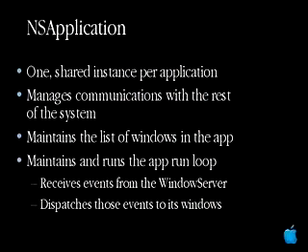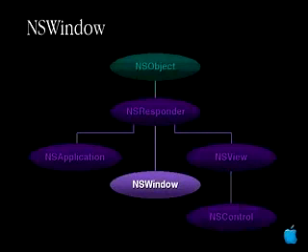NSApplication also maintains a list of all the windows inside of your application, and it's responsible for running the app's main event loop, the run loop. And during that run loop, it's going to receive an event from the Windows server, take it apart, look at it, and say, oh, this needs to go to window X, and hand it off to window X. Which brings us to the next class, NSWindow.